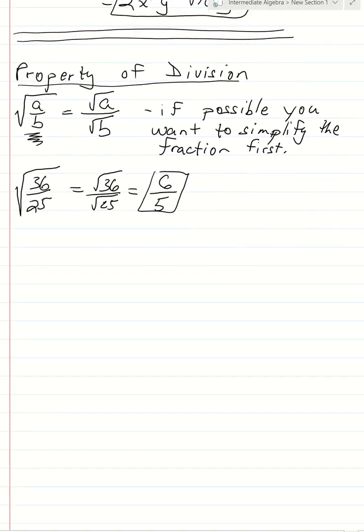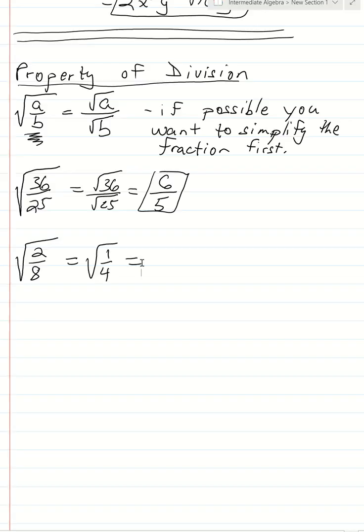Let's try another. Let's take the square root of, let's say, 2/8. Once again, if possible, you want to simplify the fraction first. So let's ask ourselves, can we simplify the fraction 2/8? And sure enough, we can. Since both numbers are divisible by 2, the square root of 2/8 is the same thing as the square root of 1/4.